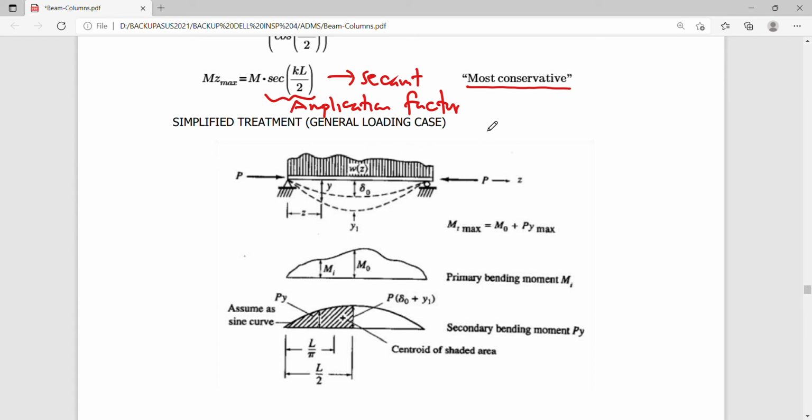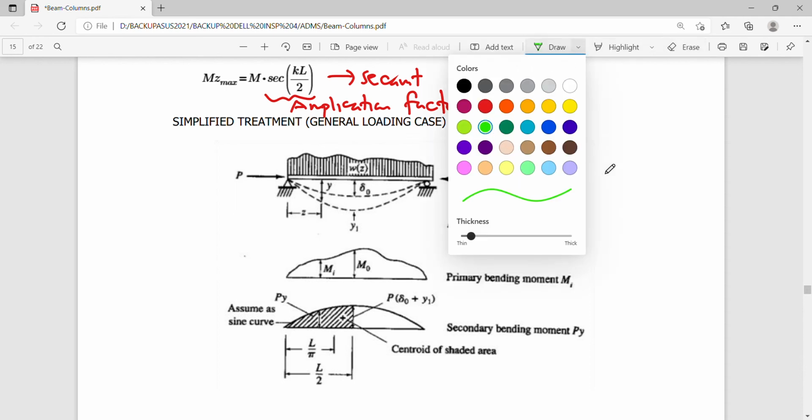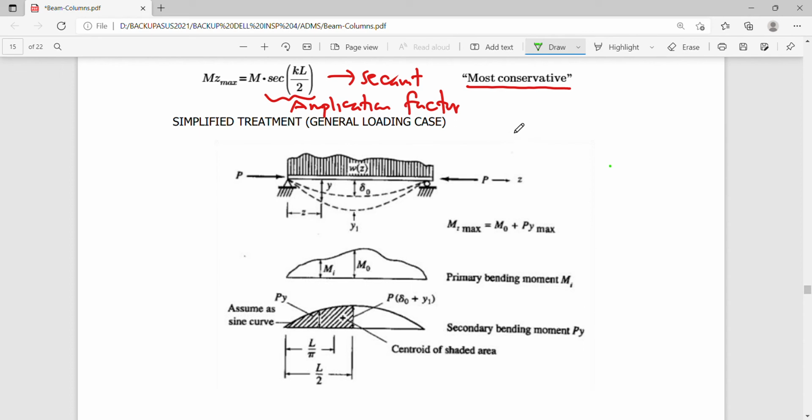So we will not use calculus; this is an approximate method using simple mechanics.